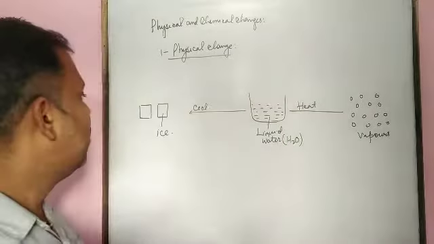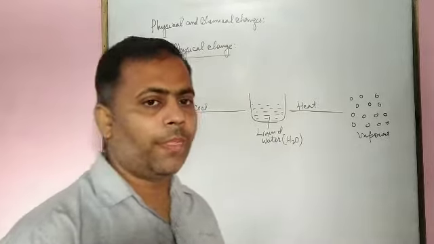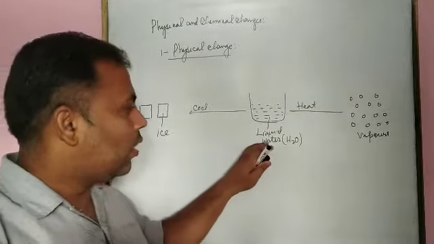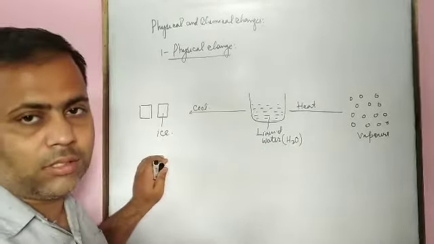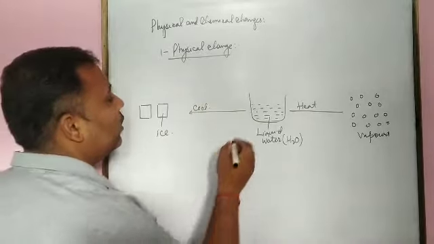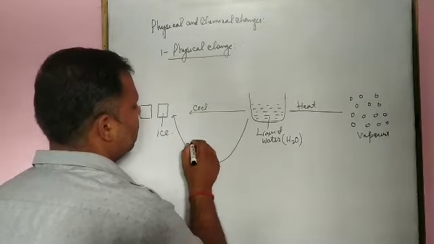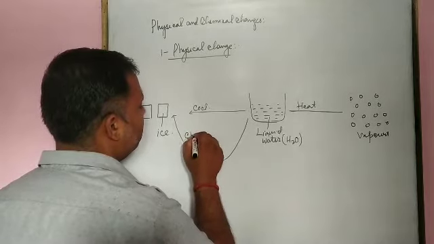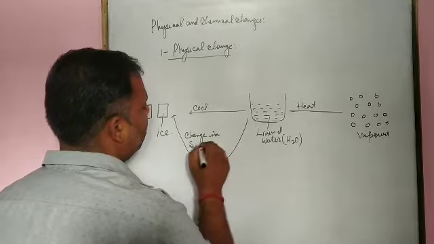What we see here, this one is ice, this one is liquid, this one is vapor. It means on cooling the liquid water, it is converted into ice. It means the change has occurred. And what is the change? On cooling there is change in state.